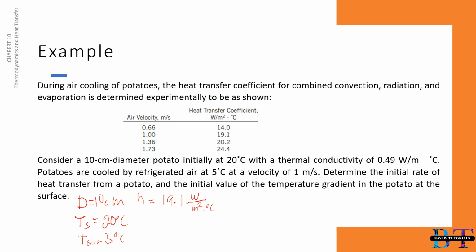We have the thermal conductivity of the potato, k, equal to 0.49 watts per meter times degrees Celsius. So we have the velocity equal to 1 meter per second.